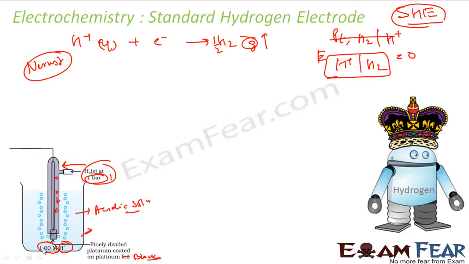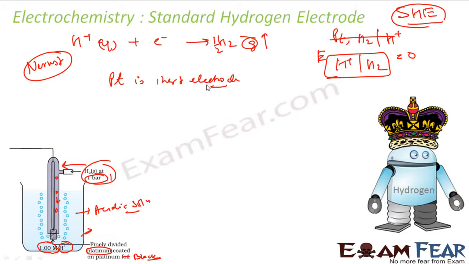Now the question is, why did we use platinum here? What is the role of the platinum electrode here? See, platinum is an inert electrode. Correct. So Pt is inert.